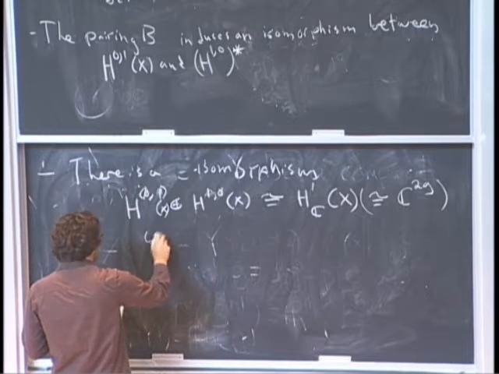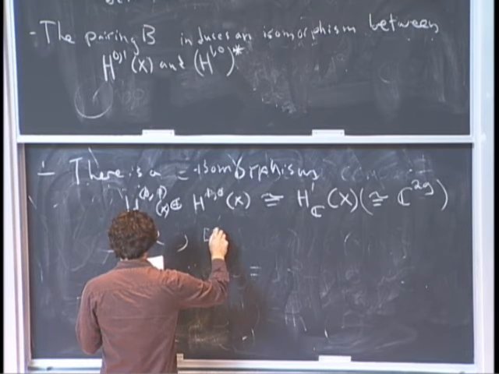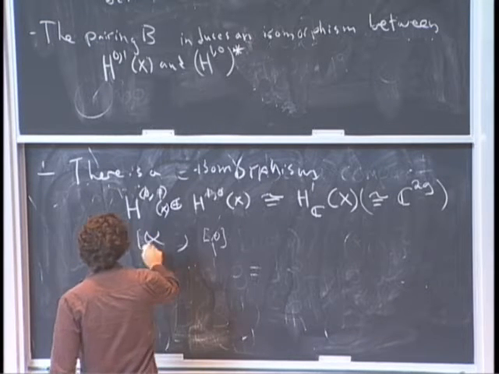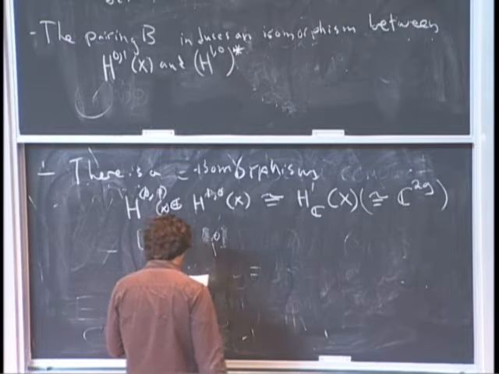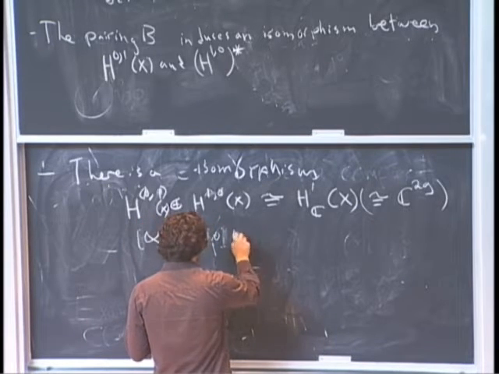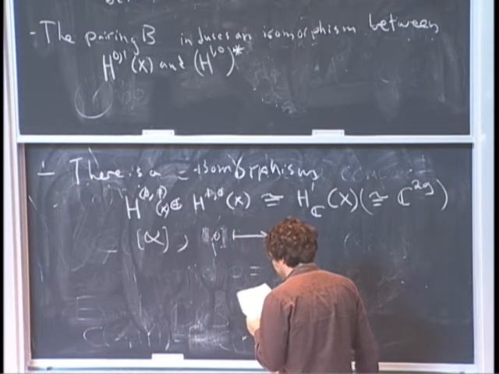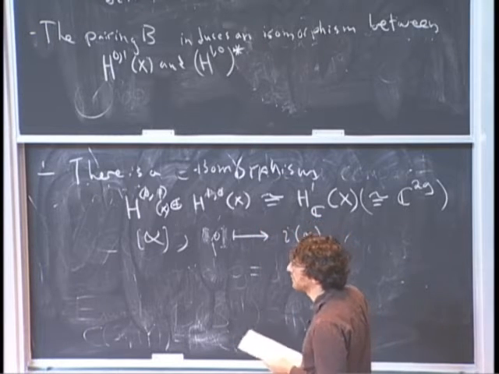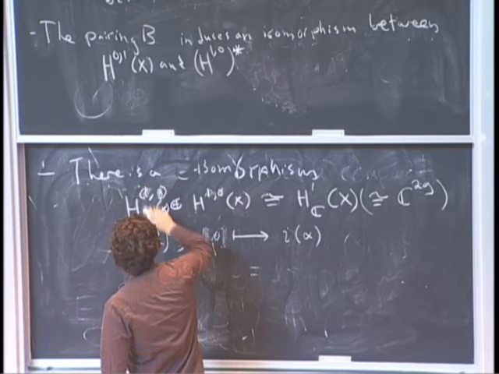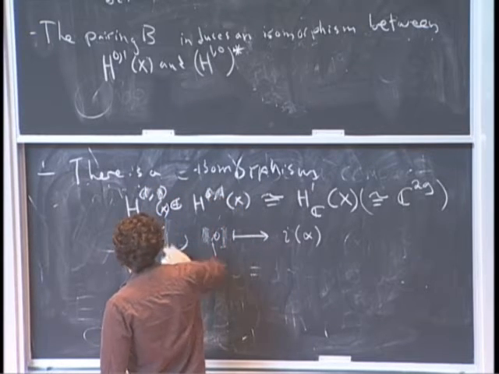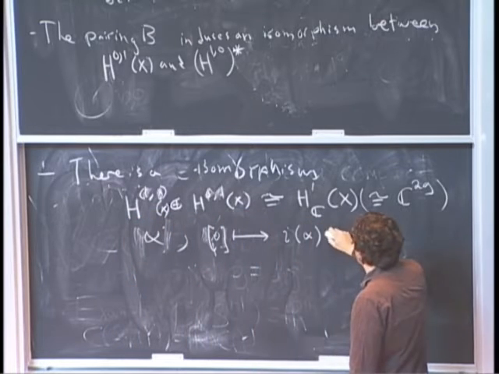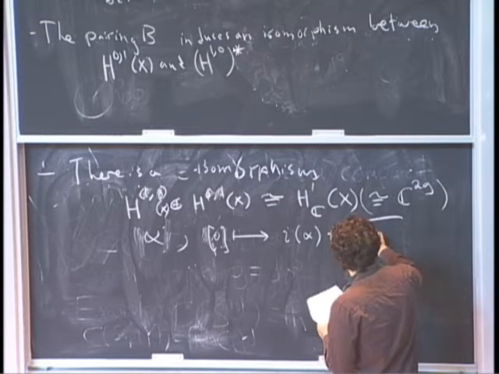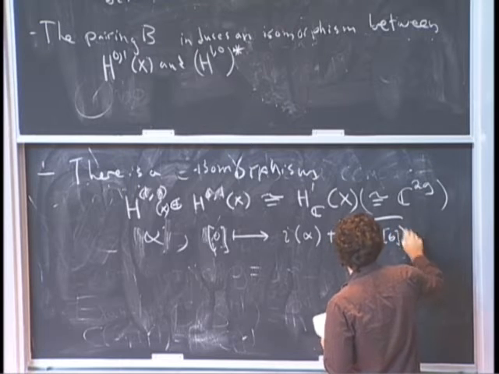We take a class alpha and a form theta, and we map it to I of alpha, and then we add bar I of sigma inverse of the class of theta.